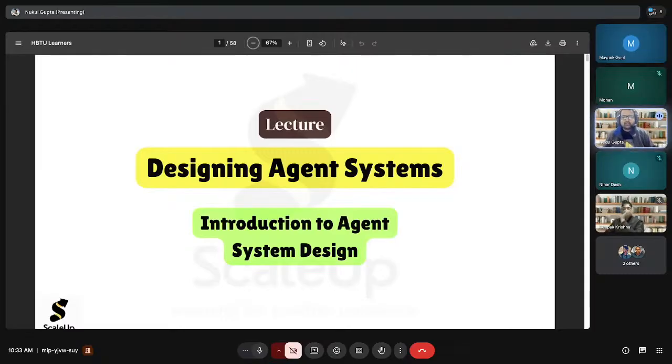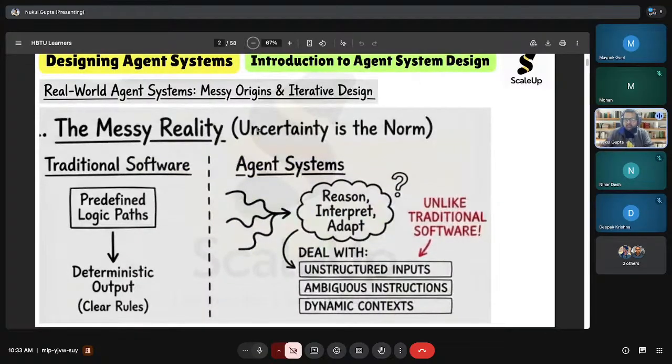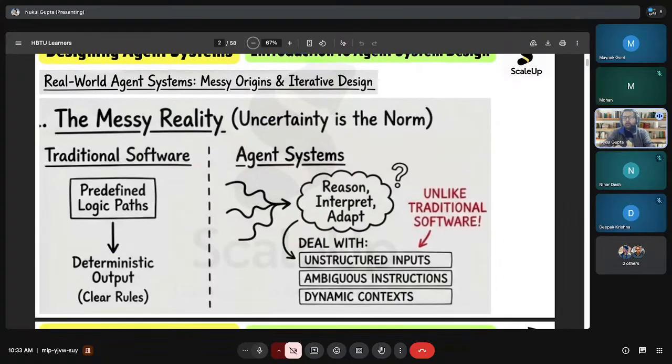Yeah. So now we are starting chapter 2, that is designing agent systems. First we'll look at the introduction to agent system design. Designing an agent system is very different from designing traditional software. In traditional software, we are the ones cooking the recipe.